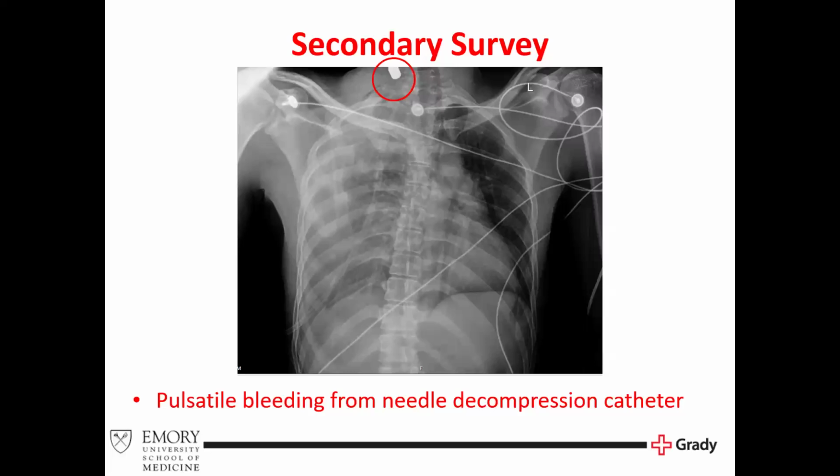Because you don't want to go to a CT scanner without some type of decompression of the right chest when a patient is having some respiratory problem, and also you may be getting false information about his hemodynamic stability because he's well compensated.